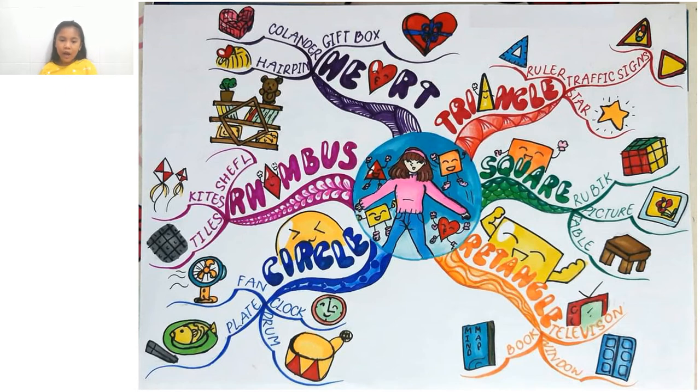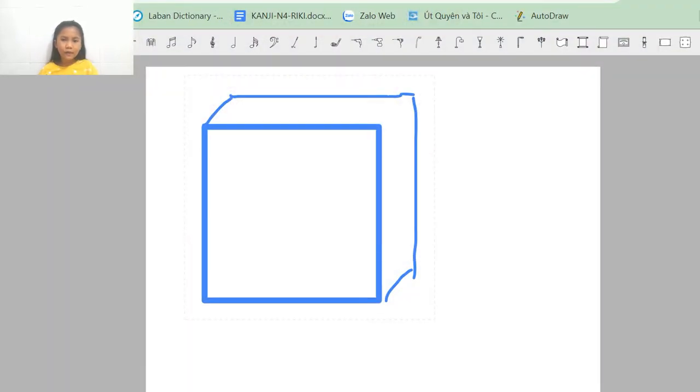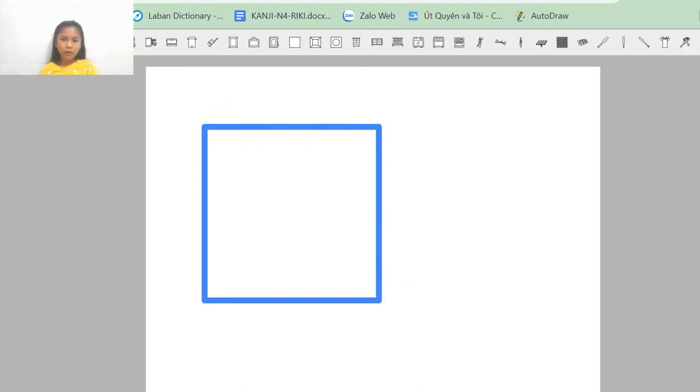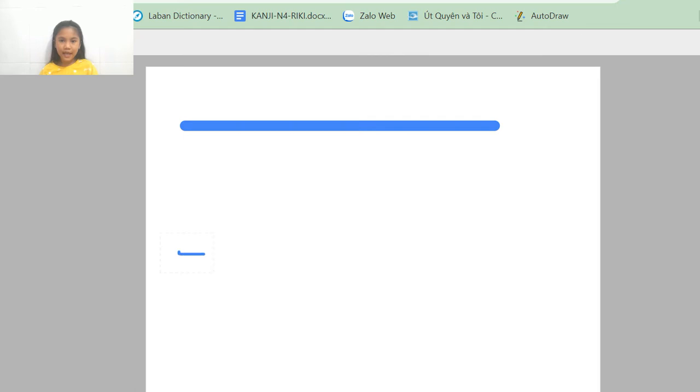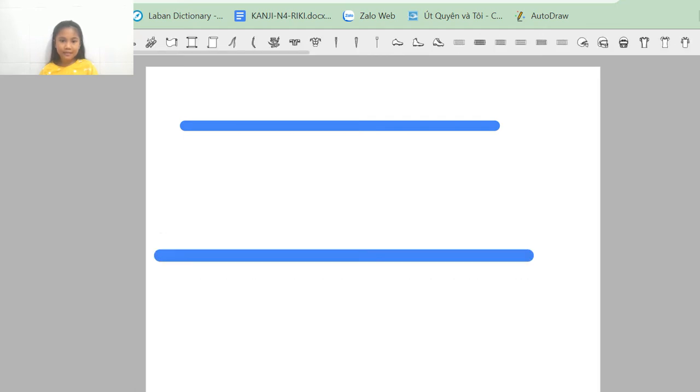The rectangle. How can we know if it's a rectangle or not? If it's a rectangle, then it will have 2 lines that have the same length, like this. And the other 2 lines have a different length from those two.